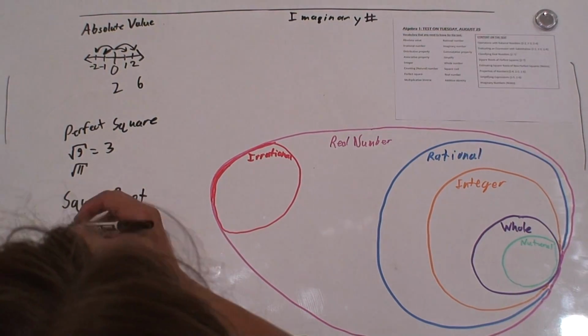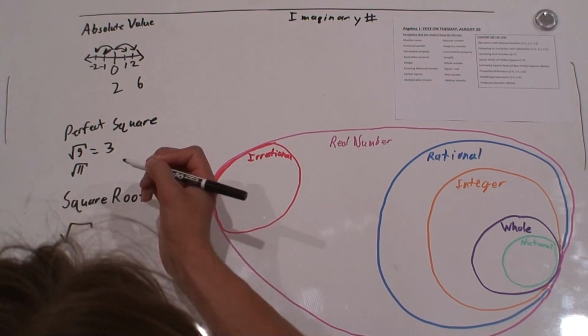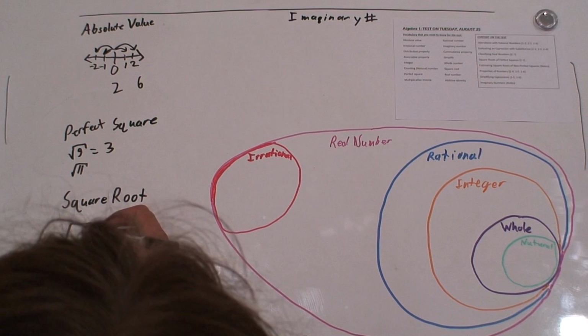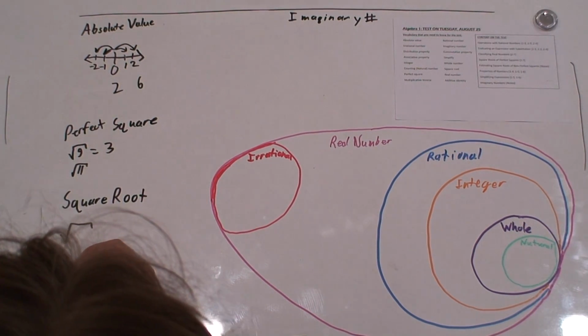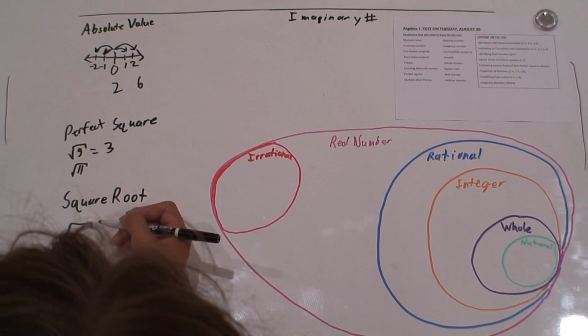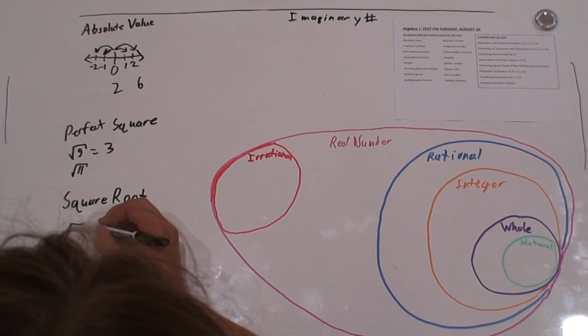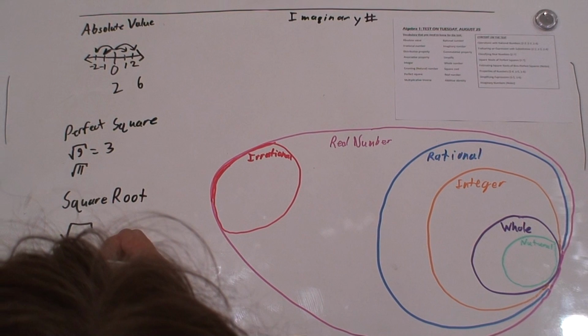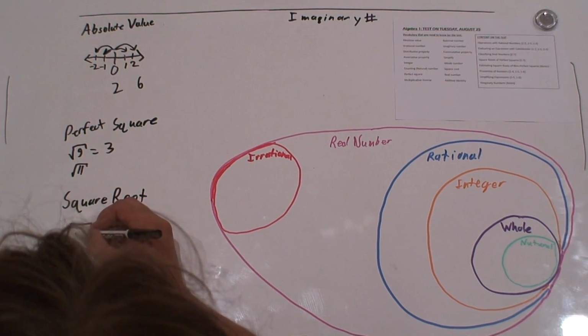Square root, we did it up there. It's basically the opposite of squaring. If you take a number, let's say in this case k, and you square it, you get k squared.